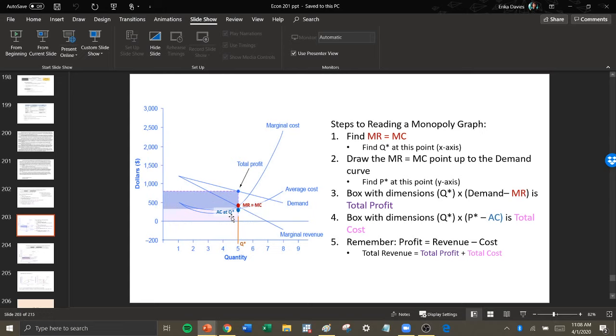The total amount of money we're bringing in. But when we subtract this pink square, which is the amount of money going out, our costs, we're left with this purple square, which is our total profit. Revenue is nice. It's a helpful thing to know, but I also need to know what your costs are in order to figure out what profit you're making.